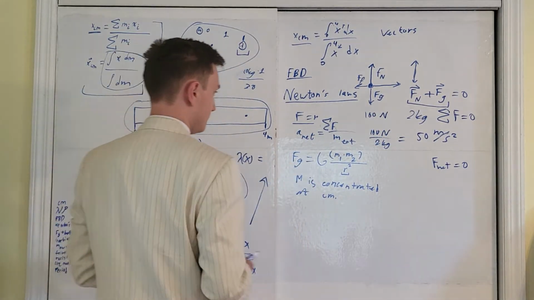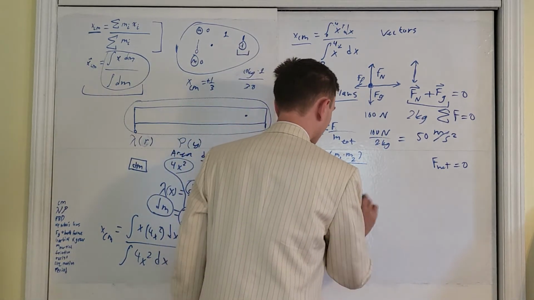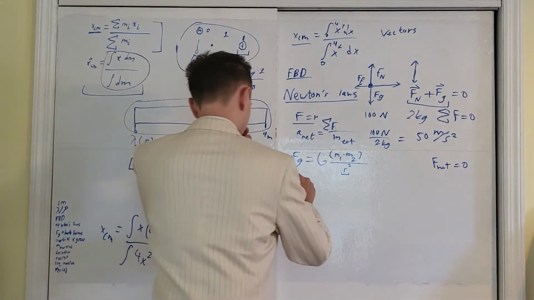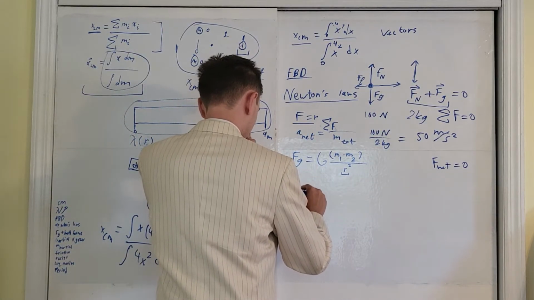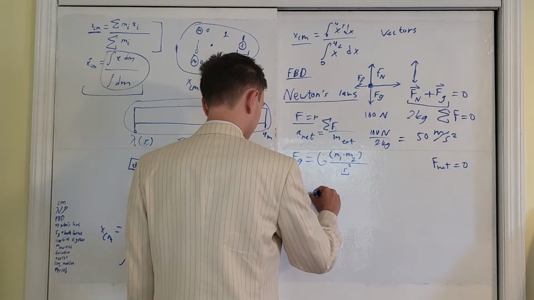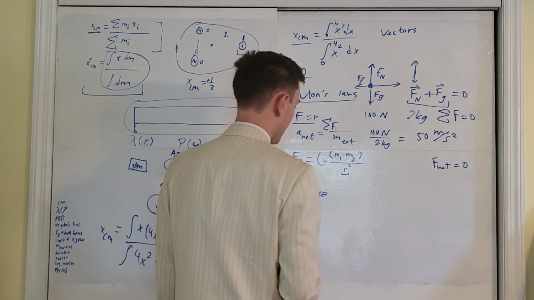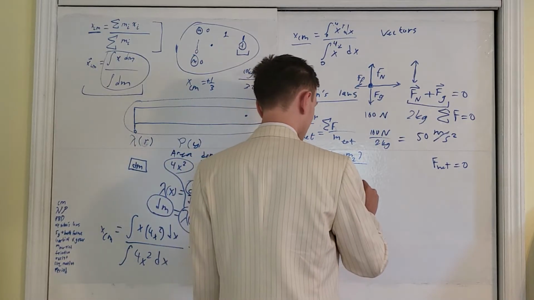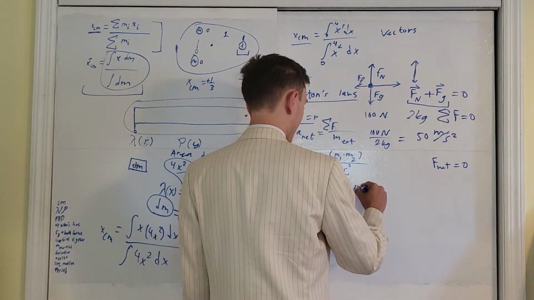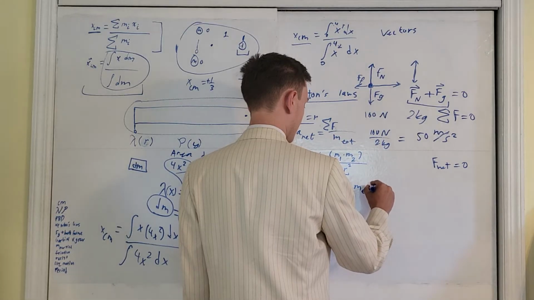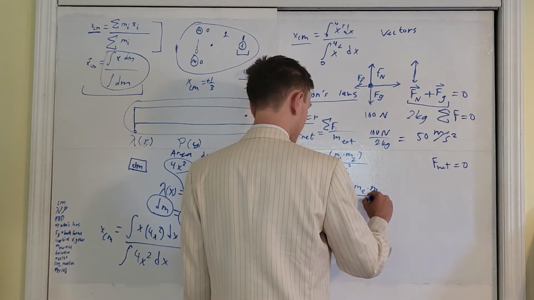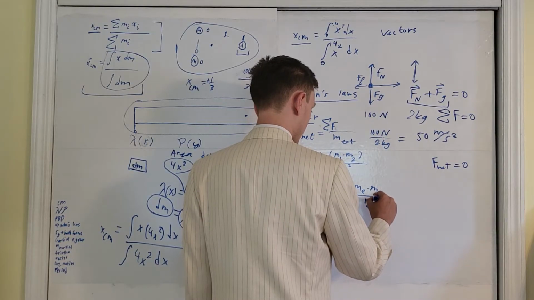From this equation, we can derive the more conventional equation we use, which is the force of gravity at Earth's surface, okay? So the force of gravity at Earth's surface is what? It's going to be our big G multiplied by the mass of the Earth multiplied by the mass of the object divided by the radius of Earth squared.